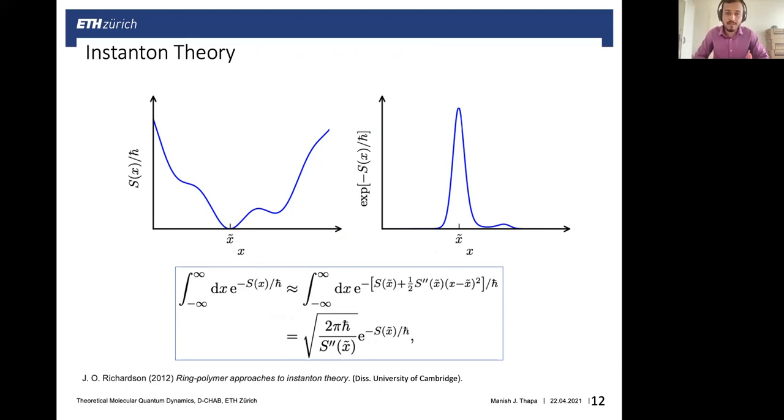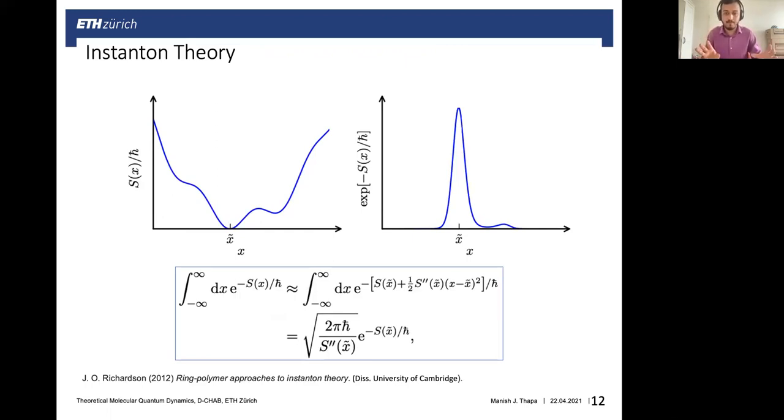But an important downside is that this function may not be approximately Gaussian, which is the case when the system is very anharmonic, or when you have multiple saddle points. Multiple saddle points mean there are multiple ways a reaction can occur, for example non-adiabatic channels on the right and on the left.